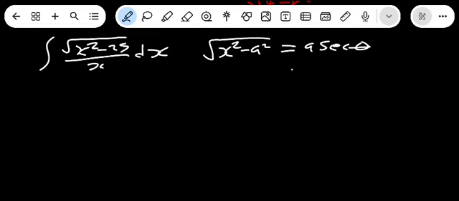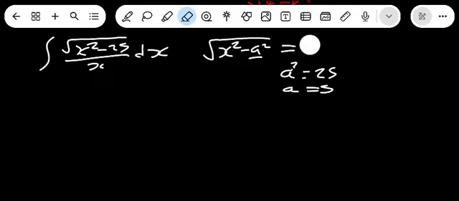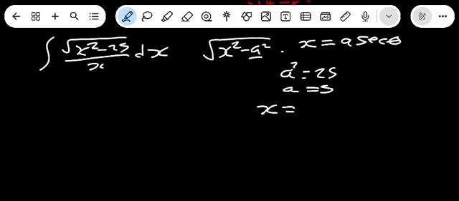So a squared is 25, what would a be? Taking the square root of both sides, we'll have 5. So x must be equal to a sec theta. Therefore x will be equal to 5 secant theta.